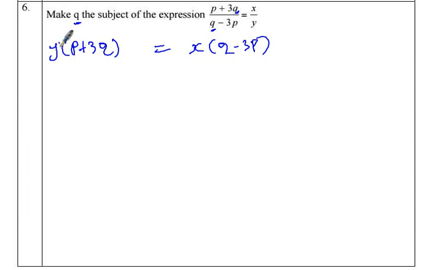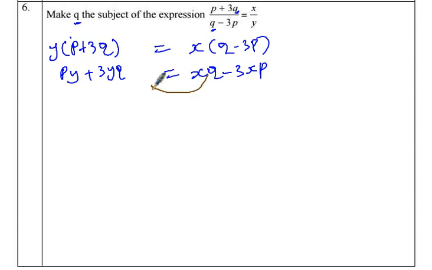From there we can now open brackets, this times this, py, this times this, plus 3yq is equal to xq, when we multiply by this, minus 3xp.